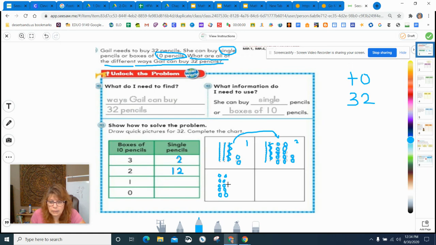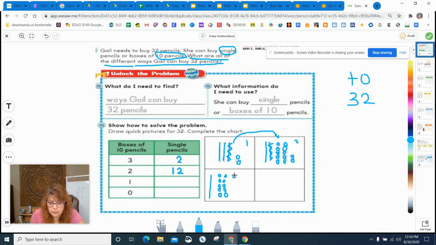Now I break it. I write it down first because I don't want to forget that I broke that one. And then I have this 10 already that's still there. And then remember these ones that represent the 10 that we broke before, that we regrouped.